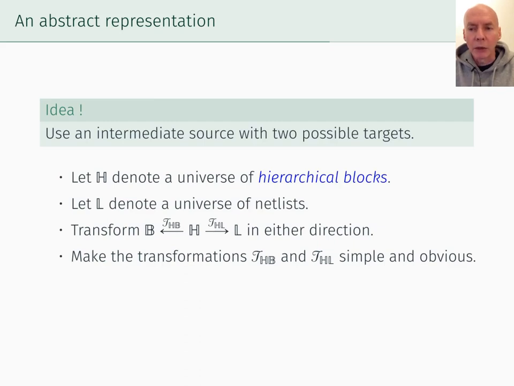And we'll make these transformations so simple and obvious that we can trust them. That way we'll have some reason to think that the block diagram has something to do with the netlist.